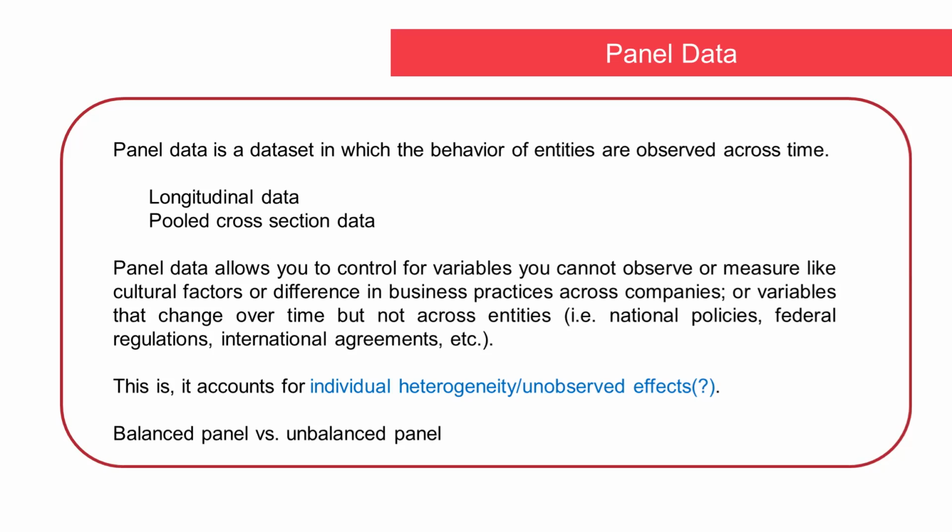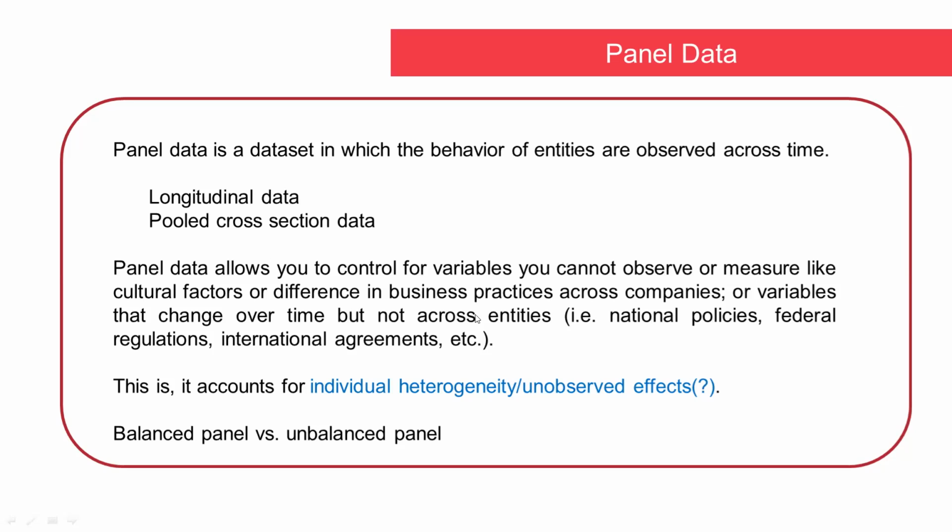Here you can also see the panel data allows you to control for variables you cannot observe or measure, like cultural factors or differences in business practices across companies. Here we have key advantages. We can control for unobserved differences or heterogeneity, right?